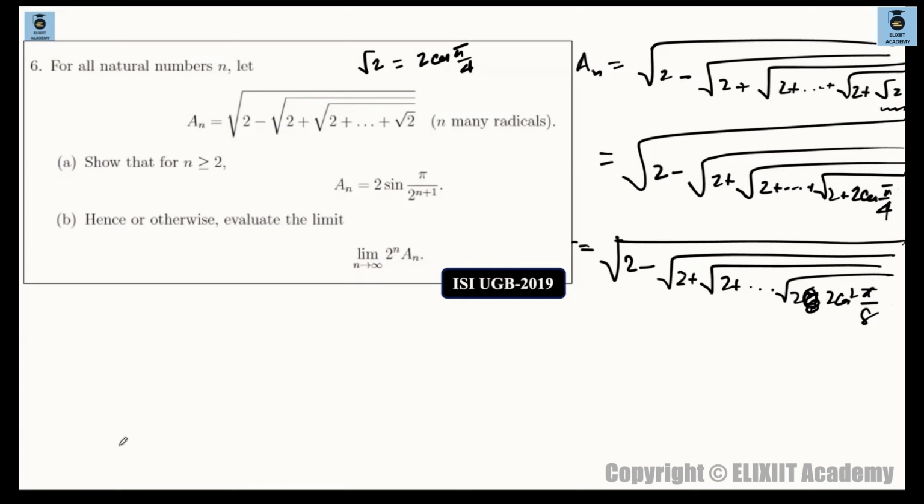And 8 means 2 raised to the power of 3. माने फर्स्ट में 2 स्क्वायर था and the next term we are having 2 raised to the power of 3. क्या समझे? ठीक है, getting my point? What we can do is we can simply use induction. तो यहां पे ये देखो, for this term we are having 2 raised to the power of 3 माने pi divided by 2 raised to the power of 3, है ना?